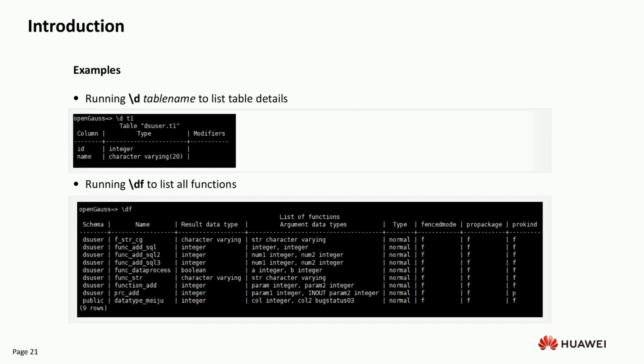You can also use \d plus a table name to list the table details, as shown in the figure. \d t1 is used to display all fields in table t1, and \df displays all functions.